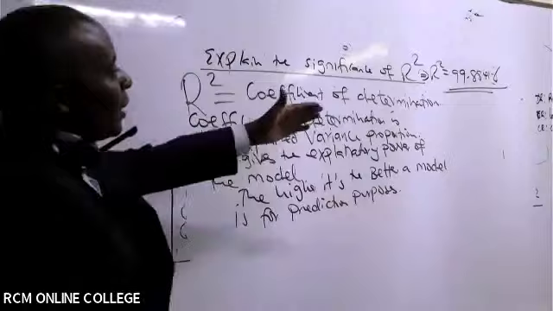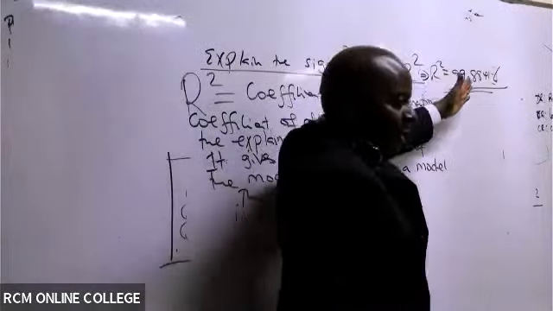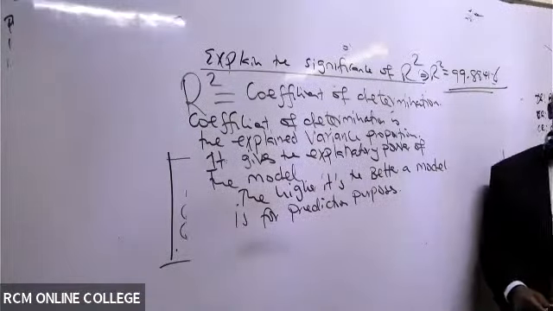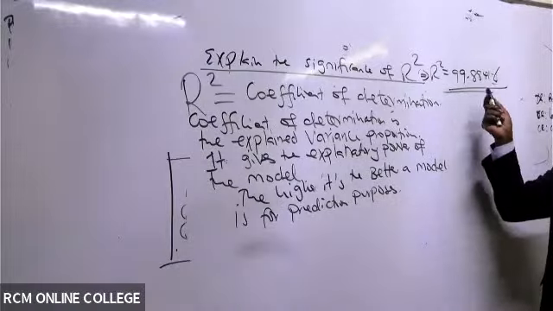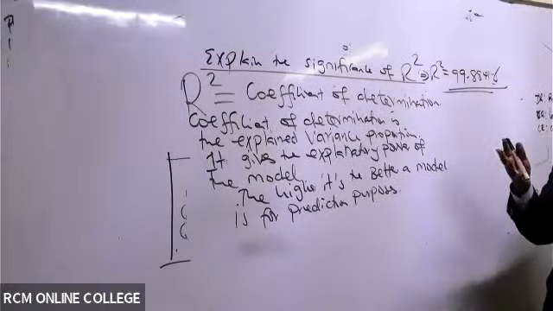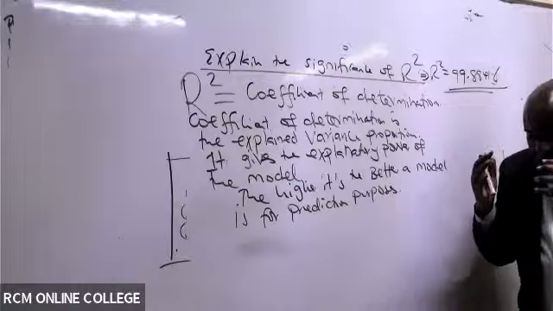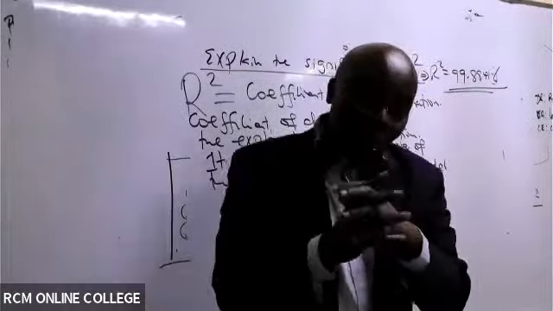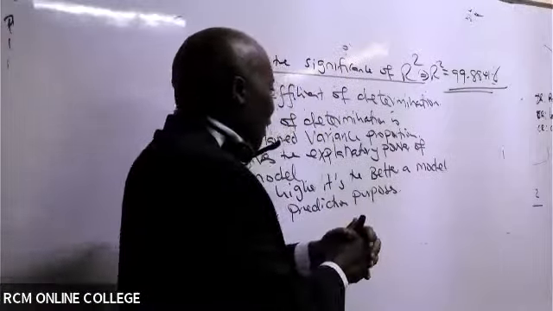You can see this is almost 100%, because 100% is the highest level for R squared. This is 99 point something, so it is very high, meaning that our model has a very high explanatory power. It means automatically that the predictions this model gives us will be very accurate.